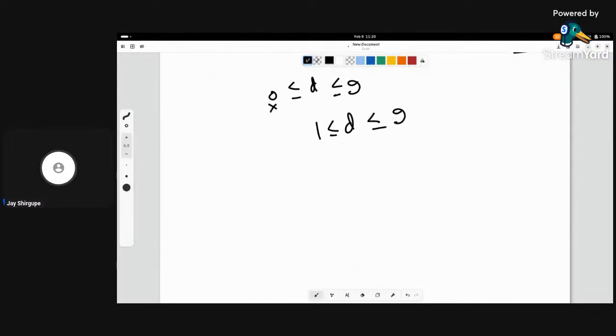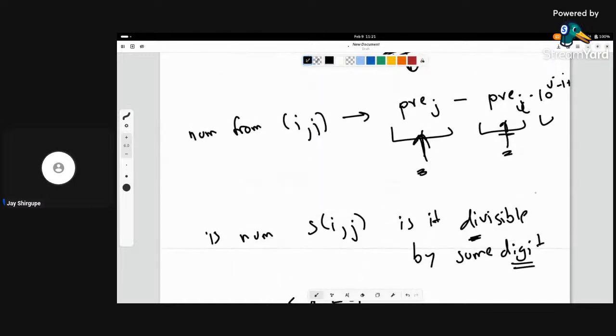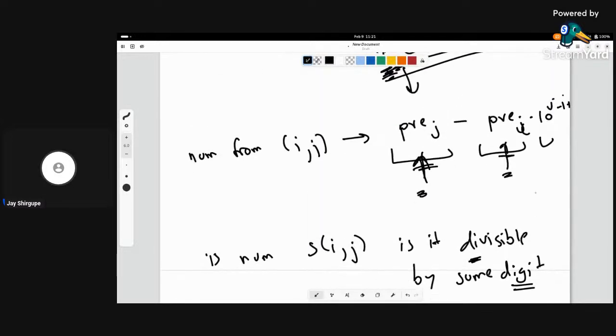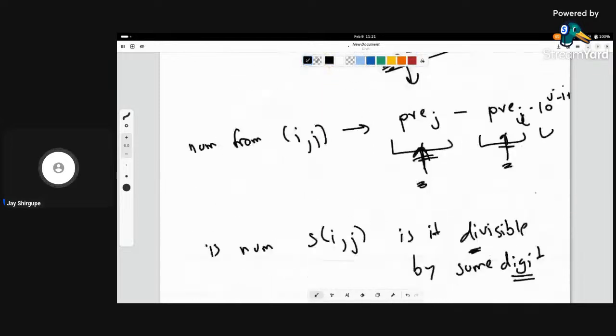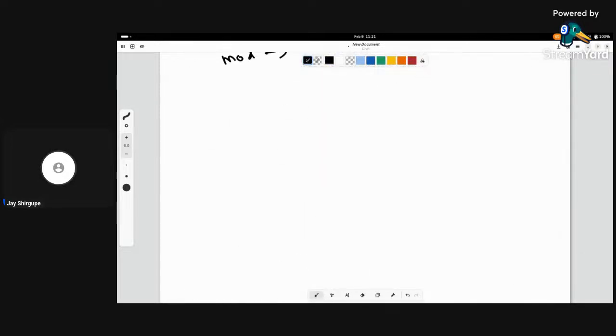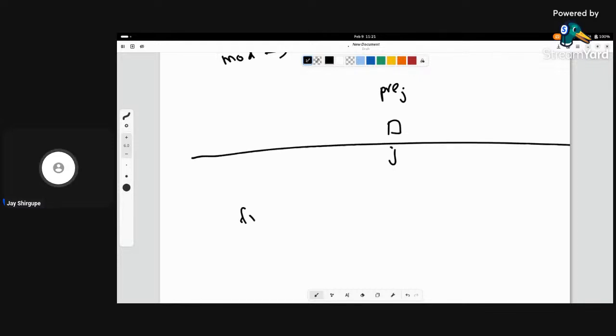Also, since we are looking at whether this is divisible by, say, 8, we can actually store the mod value of this prefix sum. Then for every step that we go forward, you have this j and some prefix of j value, and we can have a frequency array of all prefix of i values where i is less than j.